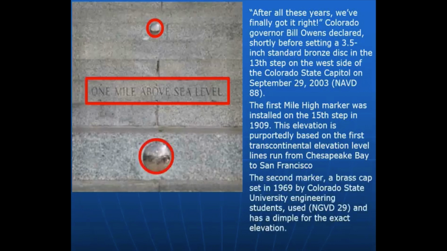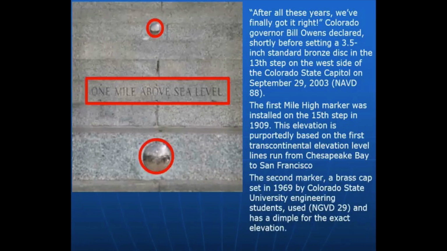The second marker, brass cap, set in 1969 by Colorado State University engineers, was used to demarcate NGVD 29. Oh, look at that. The dimple for the exact elevation. That's just university nerds there at that point, right?